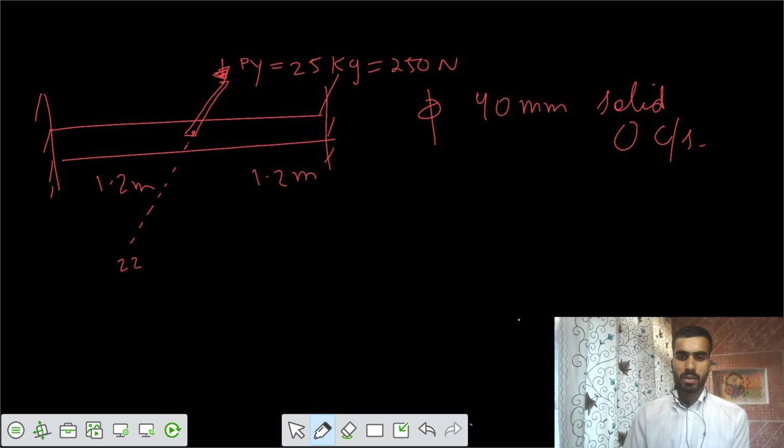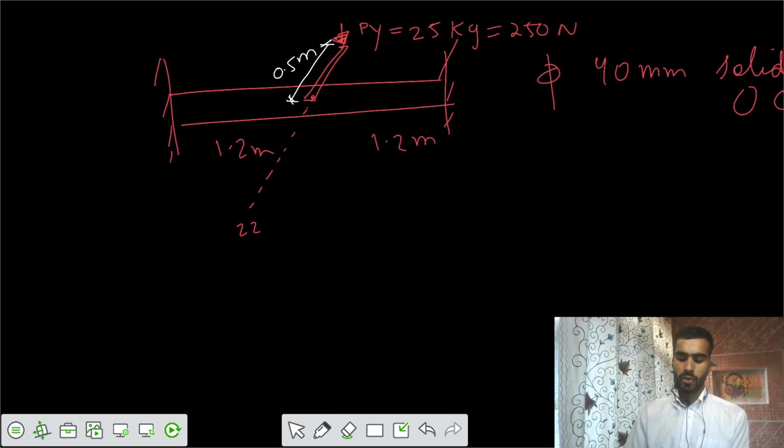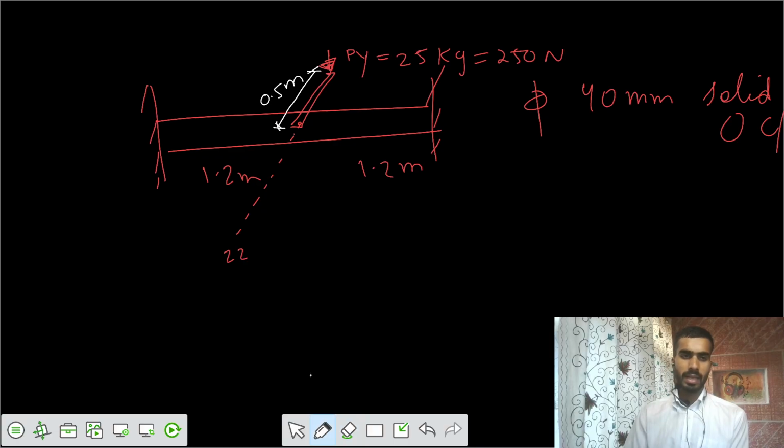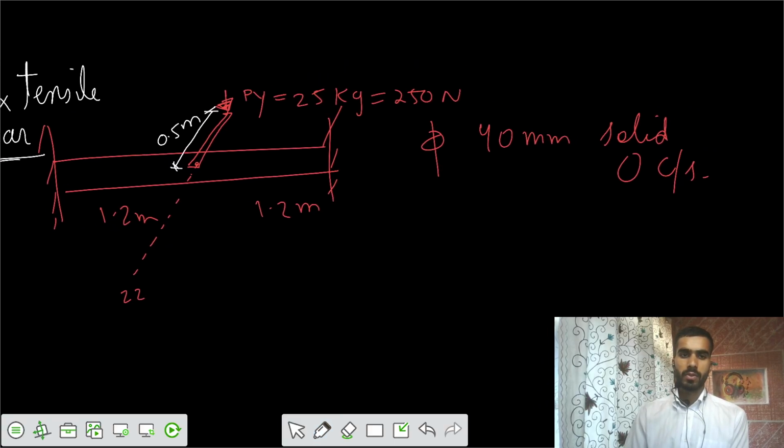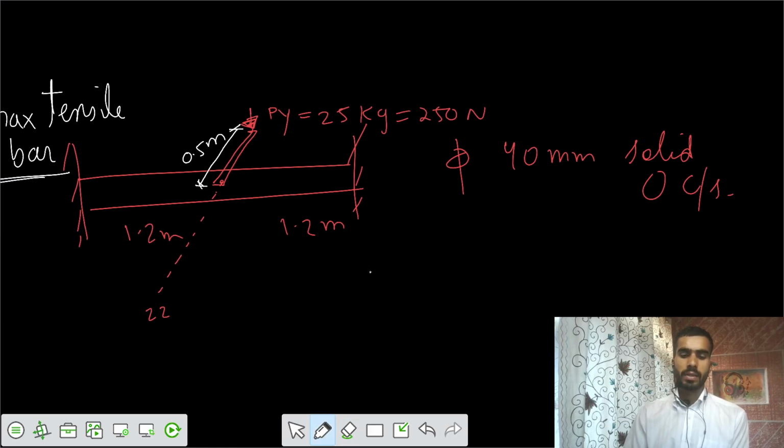The distance of the load from the center equals 0.5 meter. Because of that, you need to say what is the maximum tensile stress that has developed in the bar. Your loading is out of the plane, perpendicular to the polar axis.